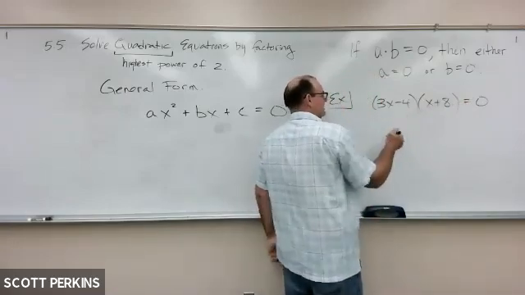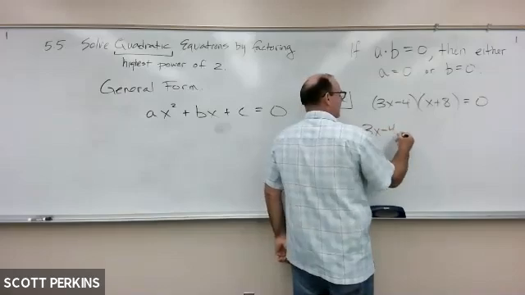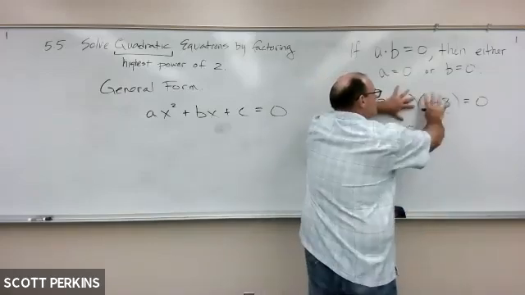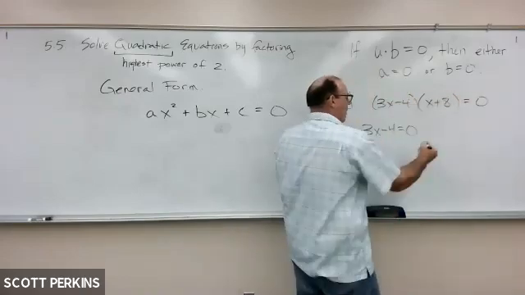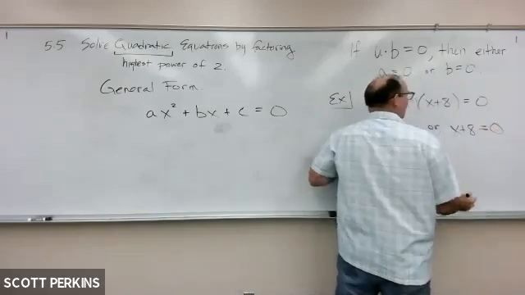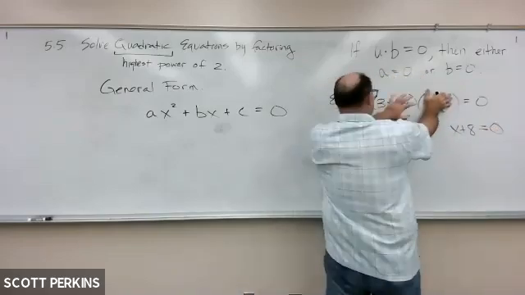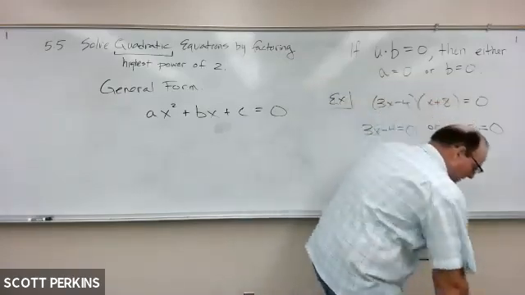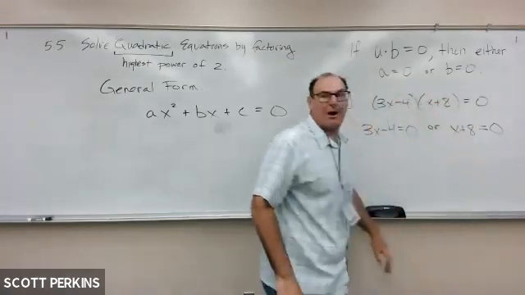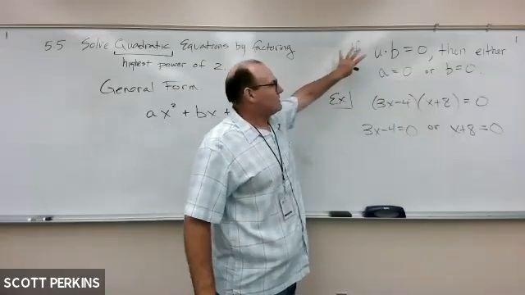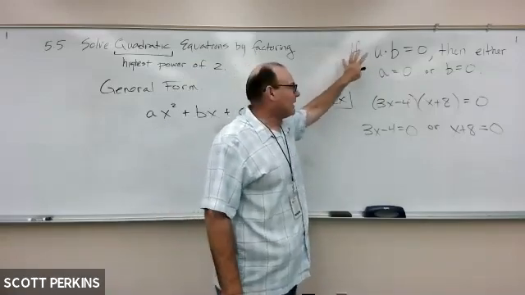Then either this first thing, 3x minus 4, either that has to equal 0, meaning I would have 0 times some number equals 0, or the x plus 8 would have to be 0, meaning I'd have a 0 here times whatever this number would be, because 0 times anything would be 0. Those are the two options. That's what this little blurb here allows me to do.